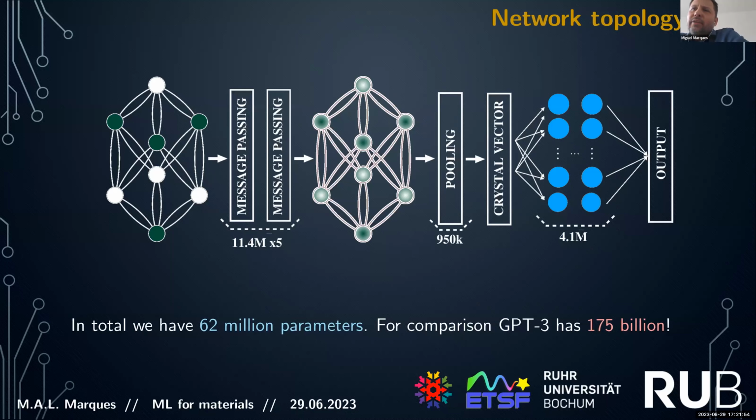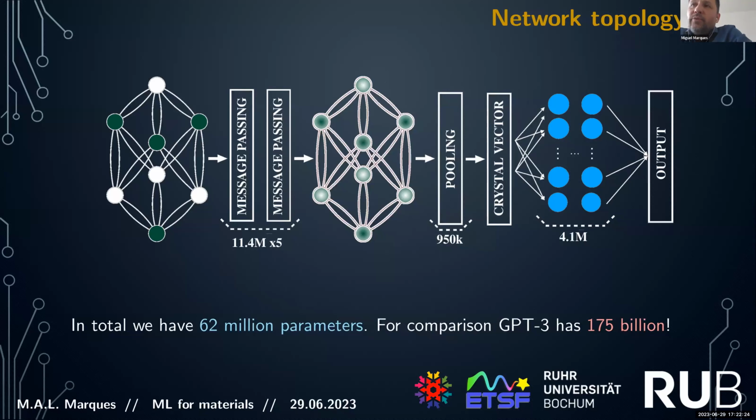This will allow the network to change this representation into something that is more suitable to predict material properties. So the graph is then transformed into a vector by a pooling layer, and this vector, you can call it a feature vector by now, is then used as input for a fully connected network. We call that a residual network.